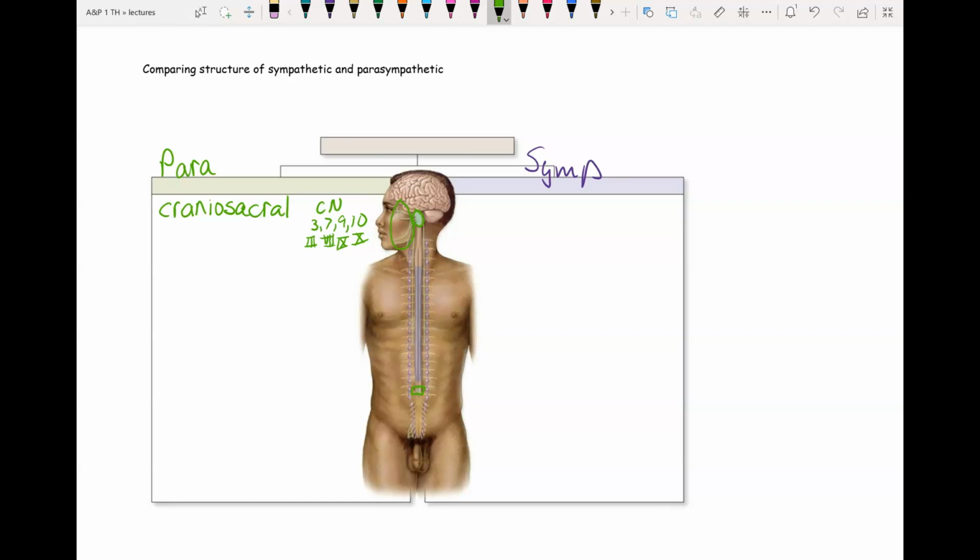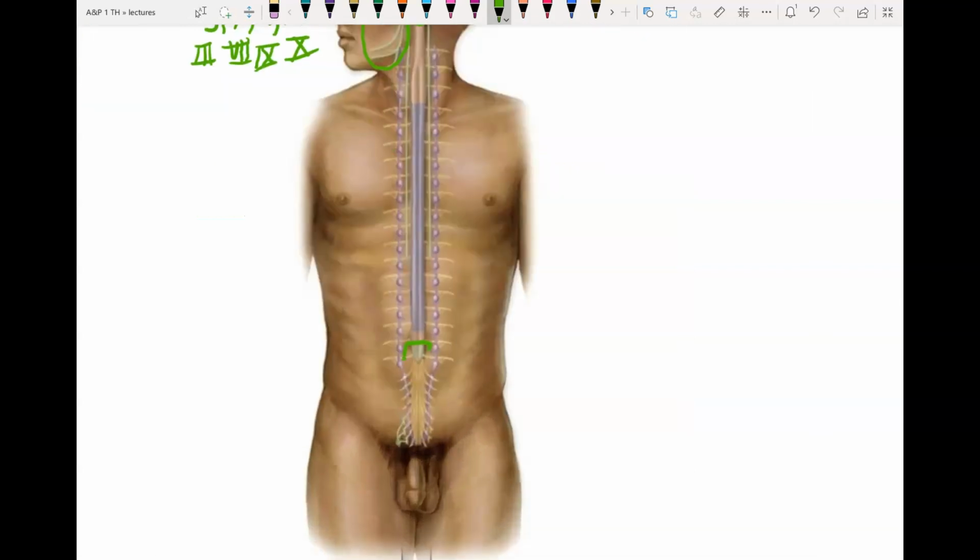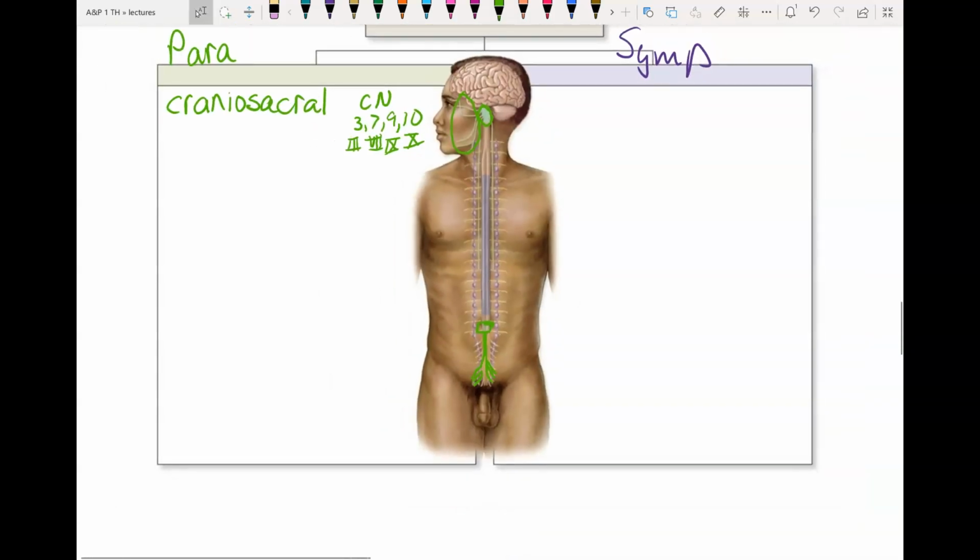Then down here, from the sacral, remember those nerves that come from the sacral region of the spine, they hang down through that cauda equina, and they come out here. And these are our pelvic splanchnic nerves.